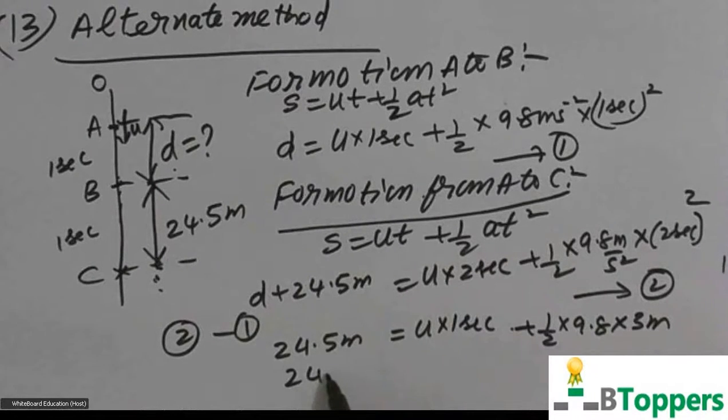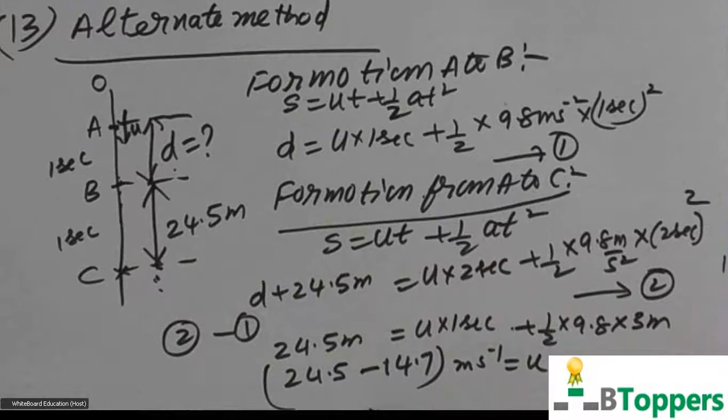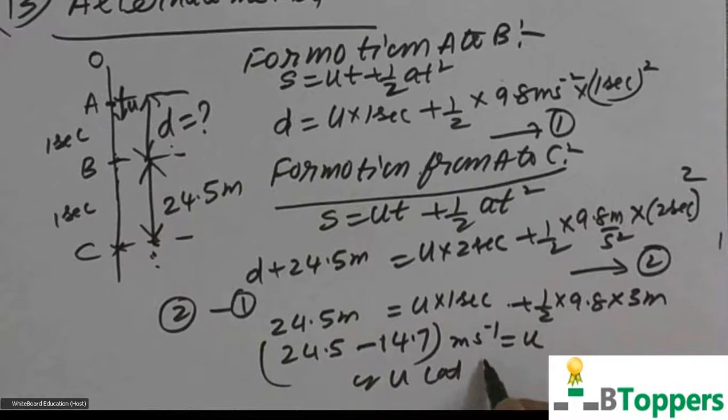So you get 24.5 minus 14.7, and the initial velocity at A you will get as 9.8 meters per second.